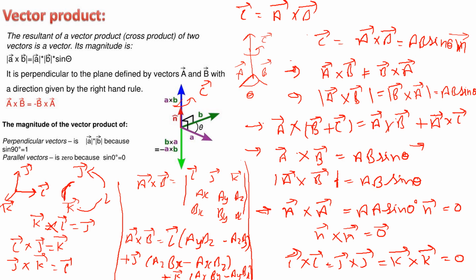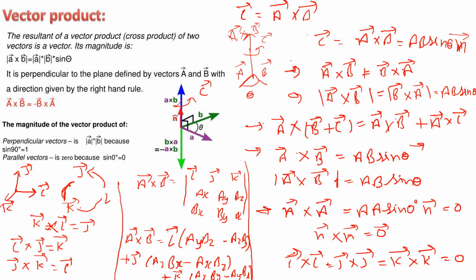Thus, if a right hand screw whose axis is perpendicular to the plane framed by A vector and B vector is rotated from A to B through the smaller angle between them, then the direction of advancement of the screw gives the direction of A vector cross B vector. So this is the vector product of two vectors.